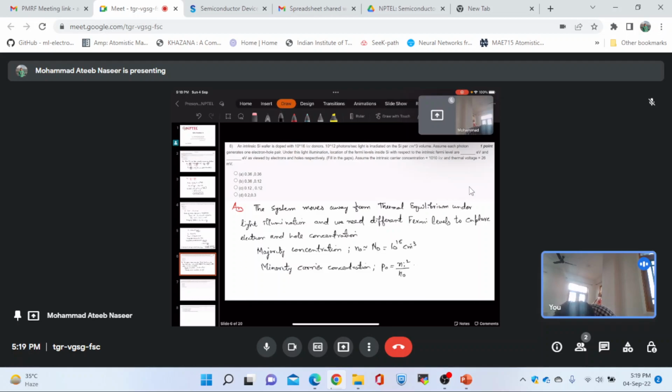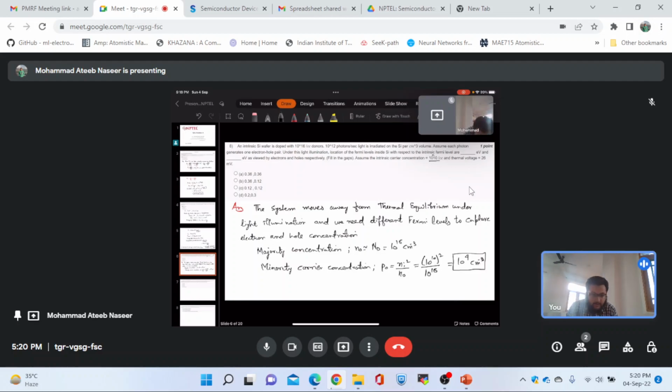Ni squared is 10 to the power 10 squared, so it is 10 to the power 10 squared divided by 10 to the power 16, and it will come out to be equal to 10 to the power 4 per centimeter cube.